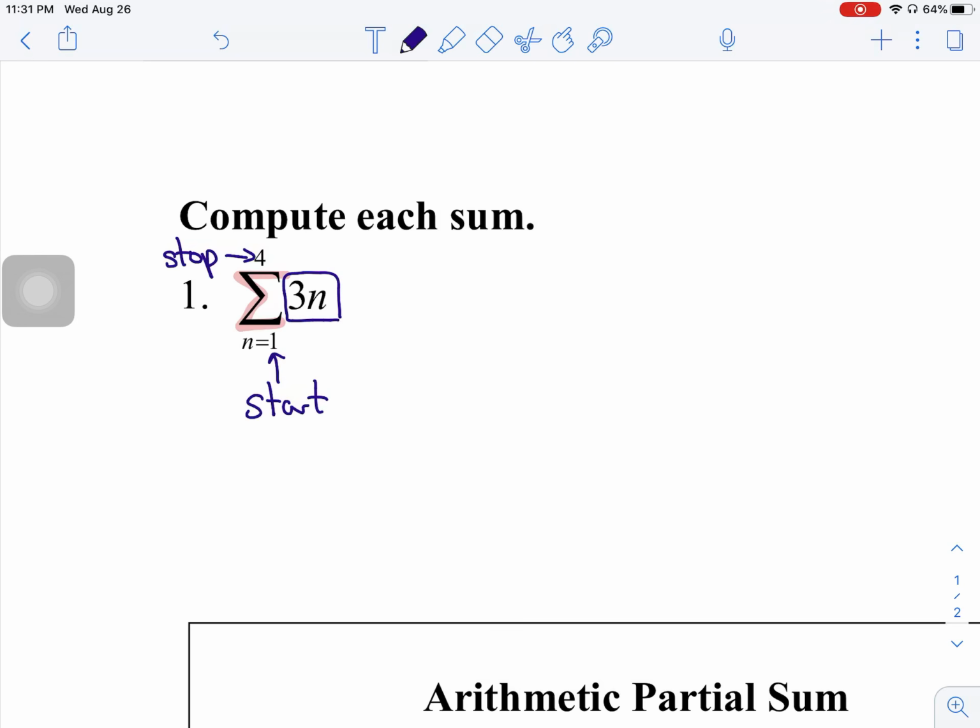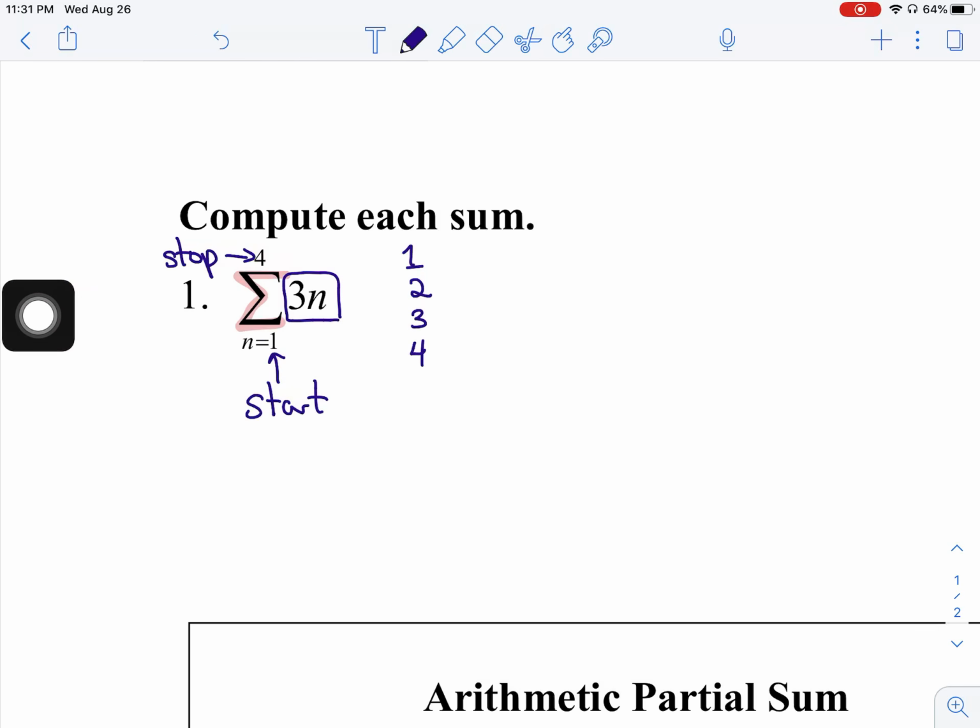Okay. So remembering that n is your term number, if your start and your stop numbers are relatively close together, you're just going to list out the values. So we've got our first term, our second term, third term, fourth term, and I'm going to stop because that's my value at the top.